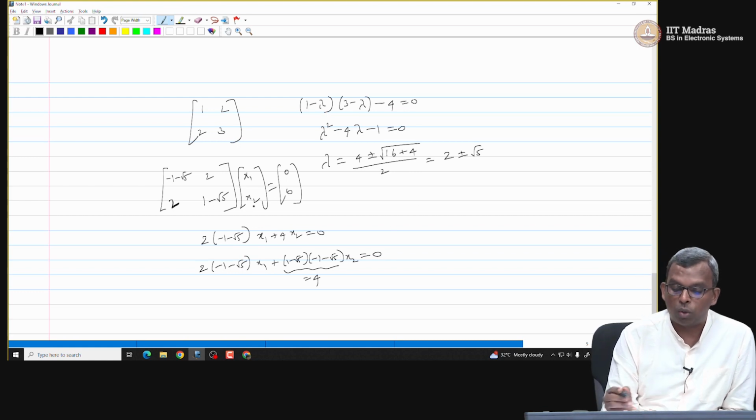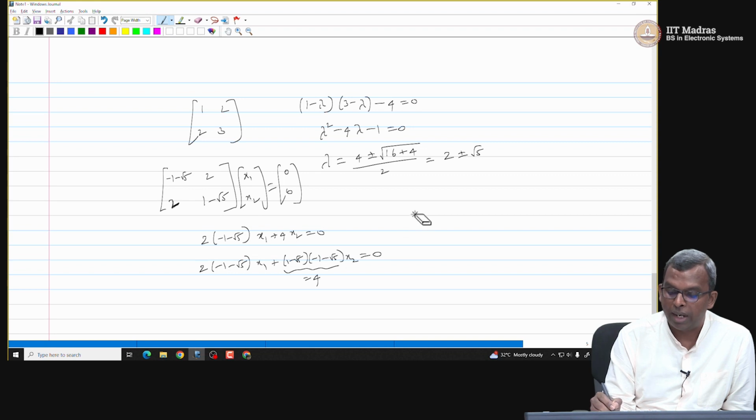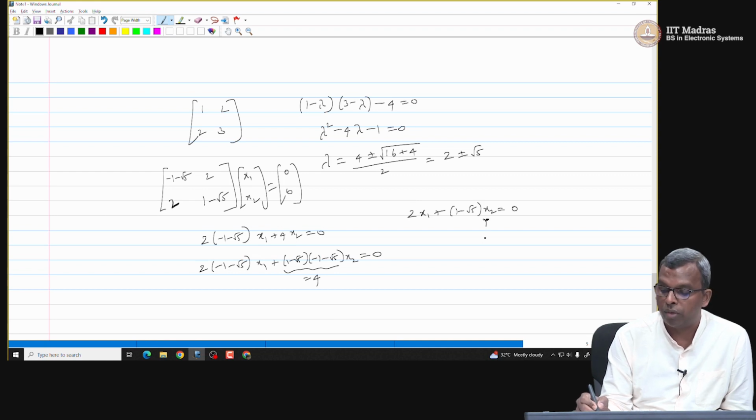So you can take x2 to be a free variable and not worry about anything else. You can also take x1 to be a free variable, but let us take x2 to be a free variable. Look at the first equation: 2x1 plus 1 minus root 5 x2 is 0. So you take x2 as a free variable u, and then your x1 becomes root 5 minus 1 by 2 times u.